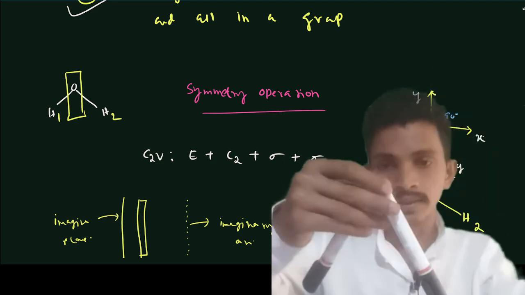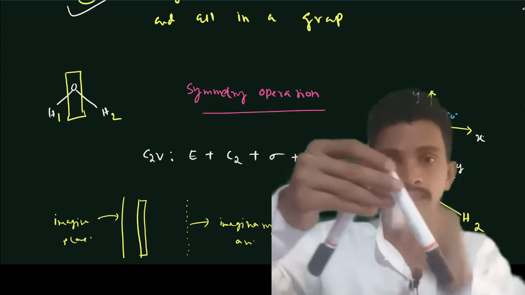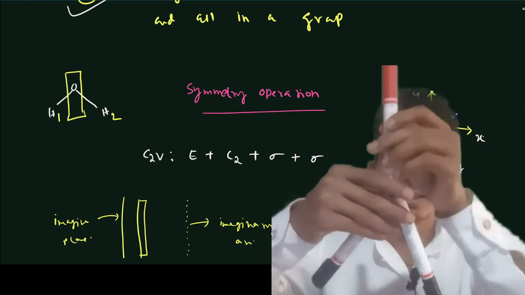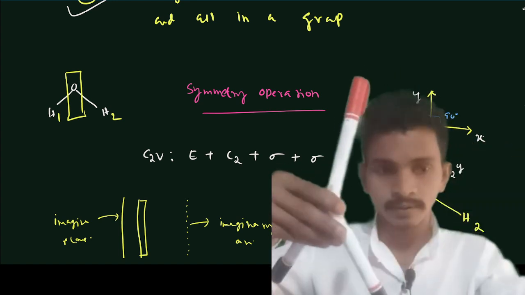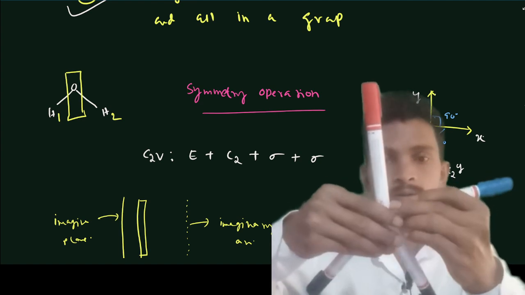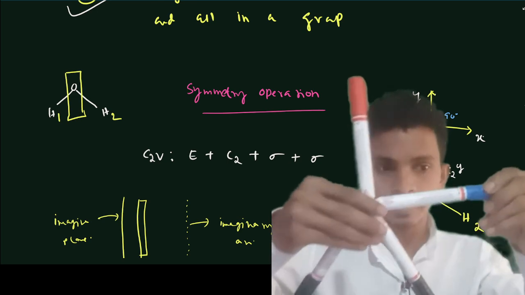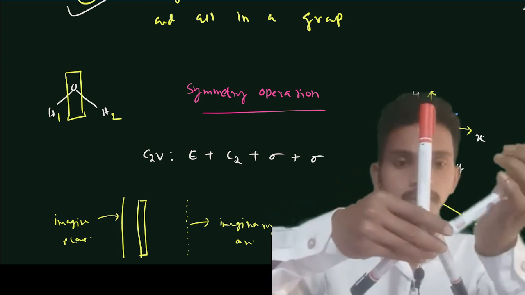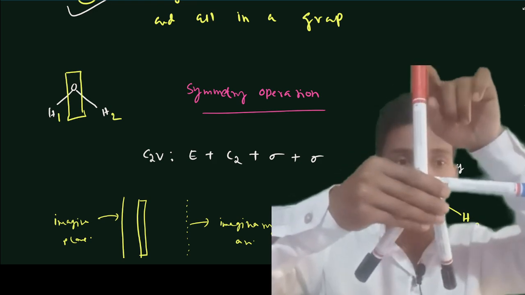So if I talk about the axes, this is the x-axis, this is the y-axis, and this is the z-axis.